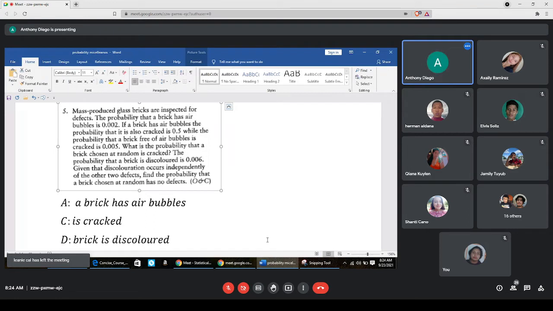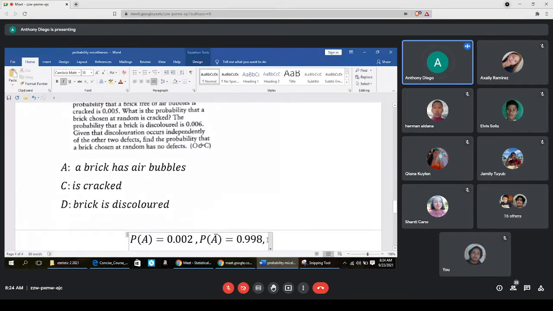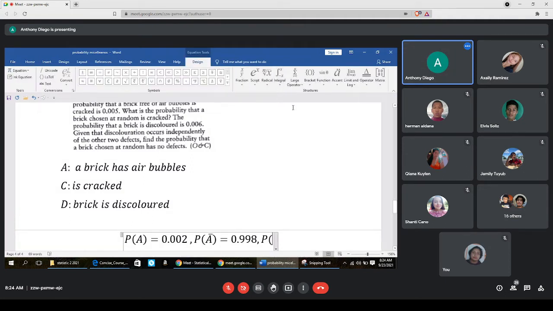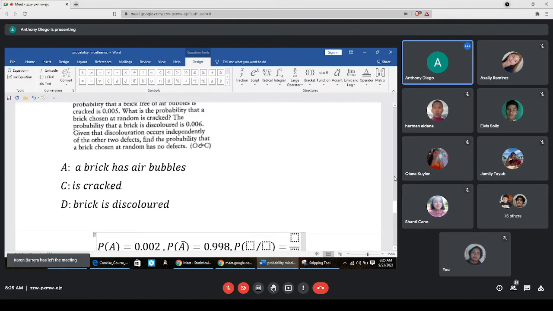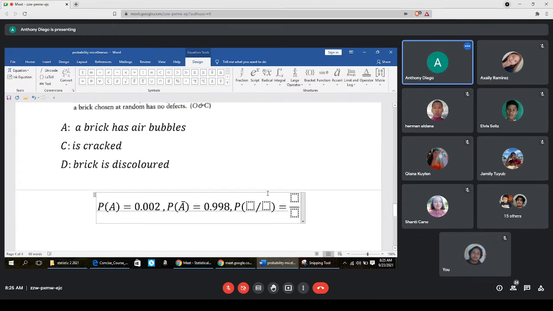So what would we do there? That would be the probability of cracked, given that a brick has air bubble. We already used the notation C for crack.